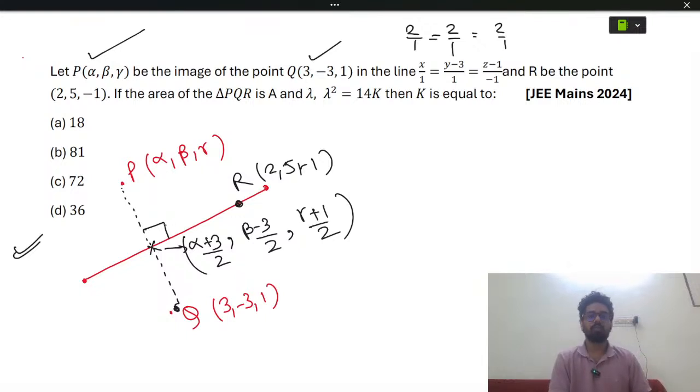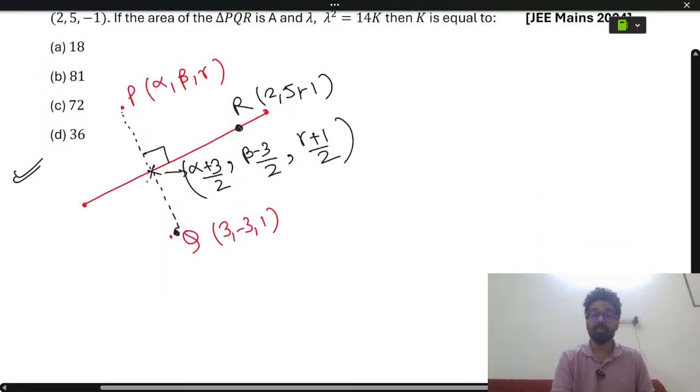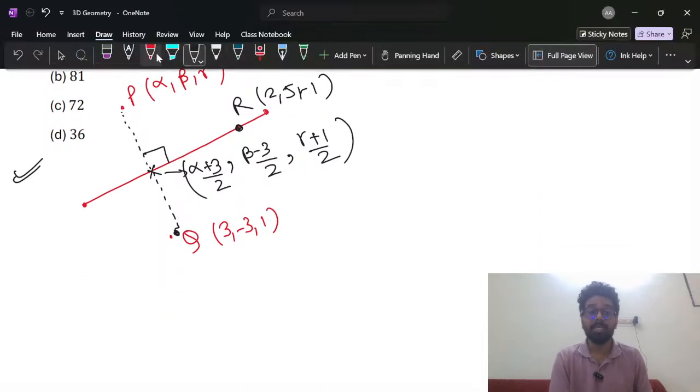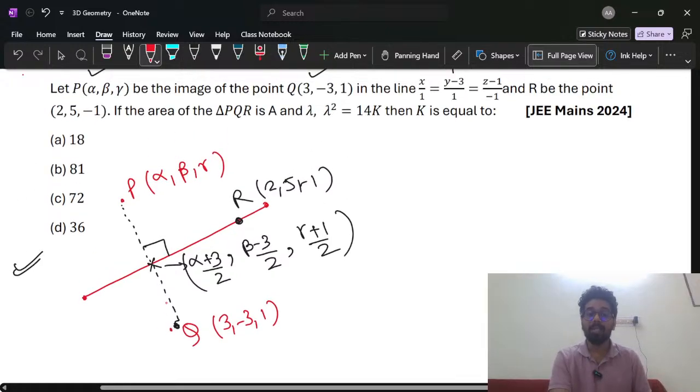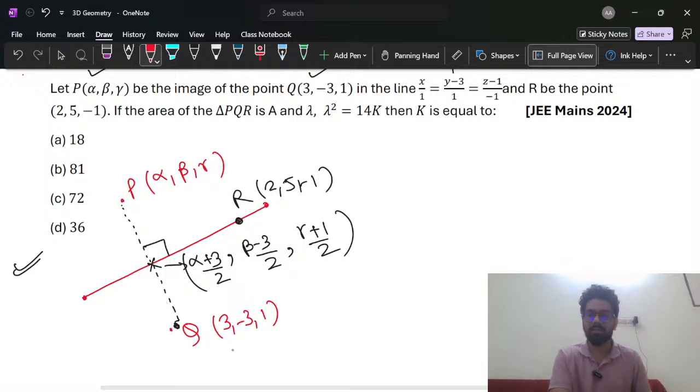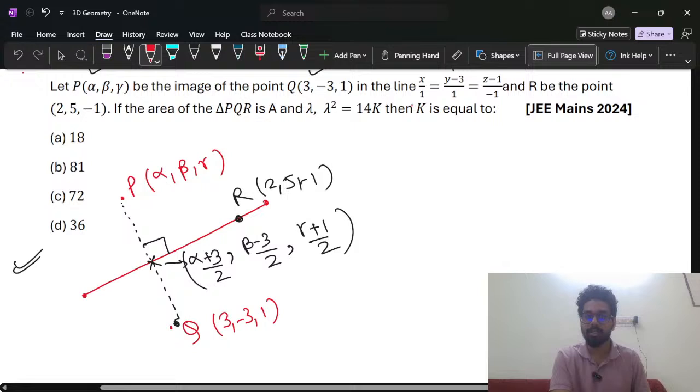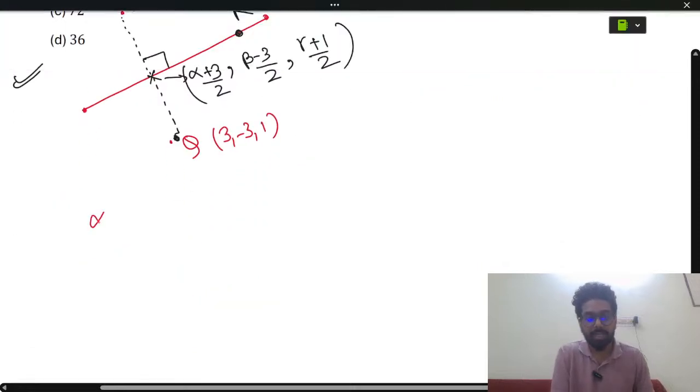To find out the area of the triangle, I need to find out alpha, beta, gamma, and I have two pieces of information. Again the same concept: PQ is perpendicular to the given line, and the midpoint lies on the line. So let's start with this. Alpha plus 3 by 2, I am substituting over here in place of x, so alpha plus 3 by 2 by 1.